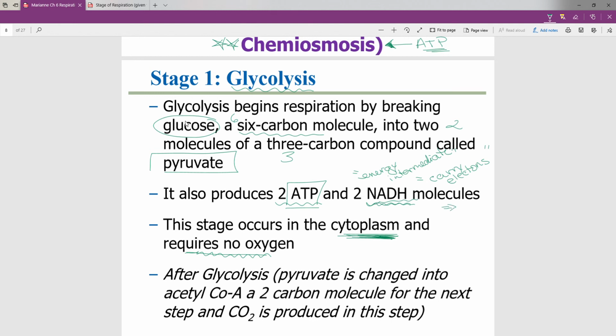They're going to get used in the electron transport chain. And so we need those to be produced in the earlier stages so they can be used up in the later stages. And like I said, that last stage is the major payday for ATP production.